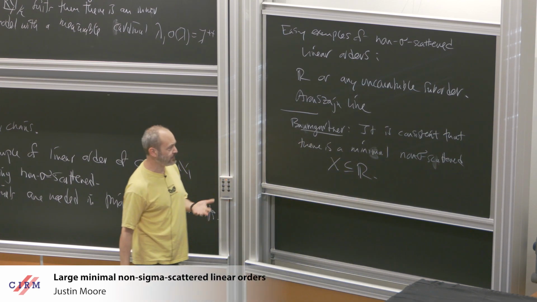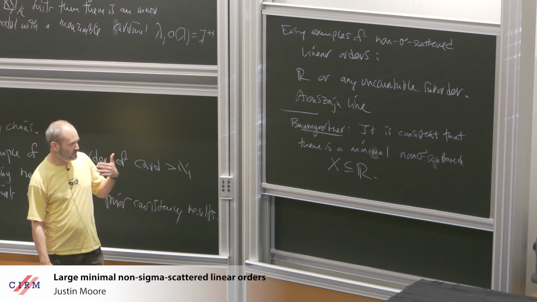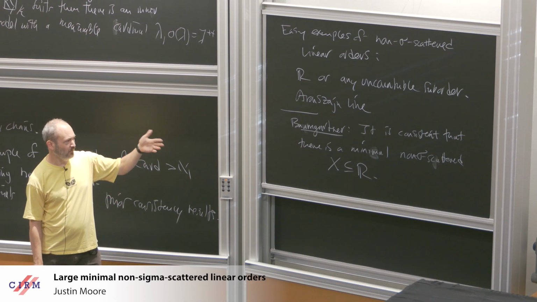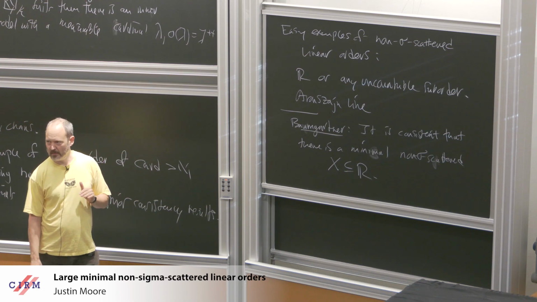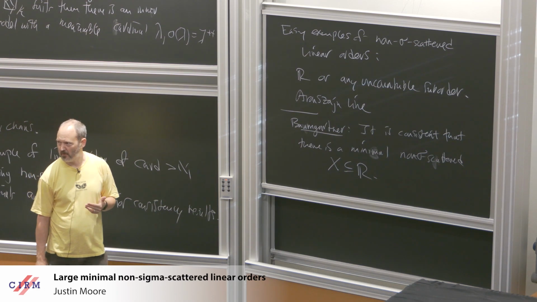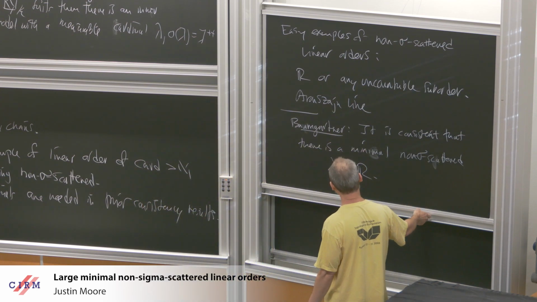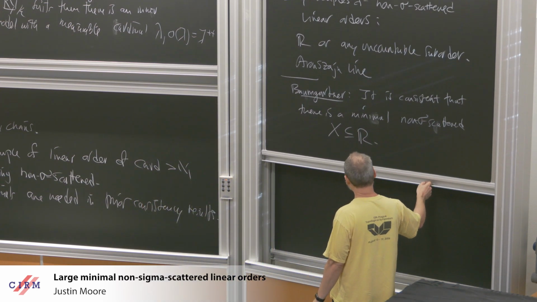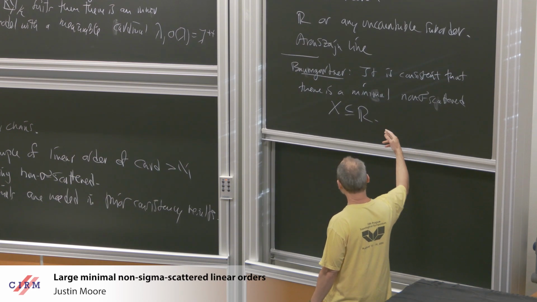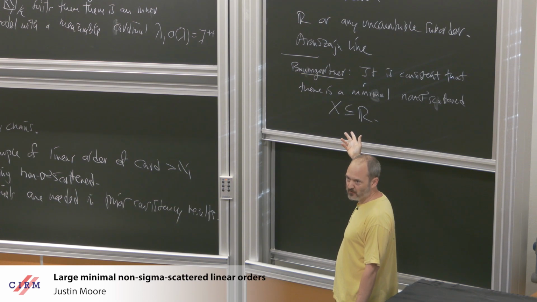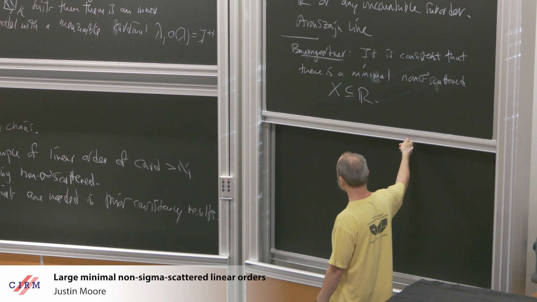So you take a set of reals of size aleph 1, and this is just saying it's embeddable into all of its uncountable suborders, which is a slight weakening of Baumgartner's axiom, that any two aleph 1 dense sets of reals are isomorphic. And Dushnik and Miller proved that under CH, no set of reals is minimal with respect to being non-sigma scattered.